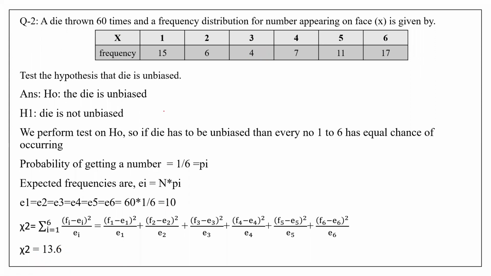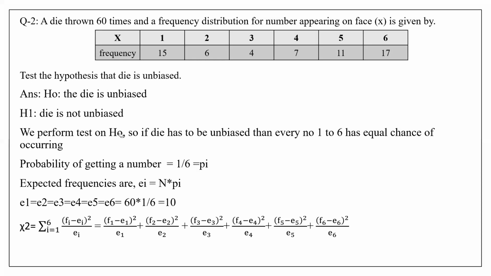Now in this case you see they have not mentioned the significance level, whether you have to test with 5% or with 1%. If they never mention the significance level, then as standard you have to test for both 5% and 1%, only for chi-square distribution. So we will check for both 5% and 1%.